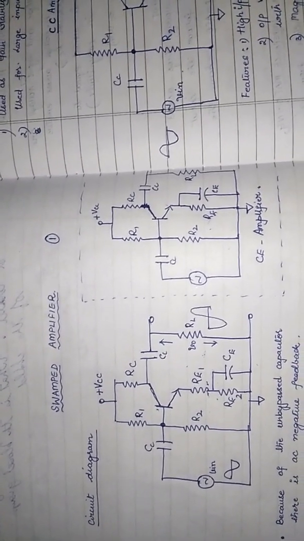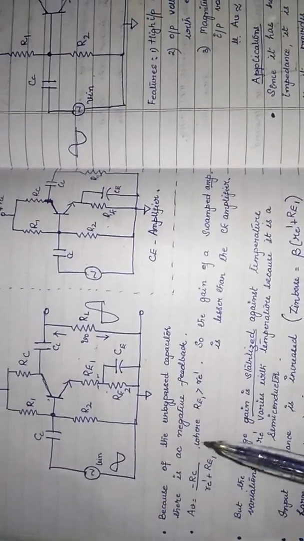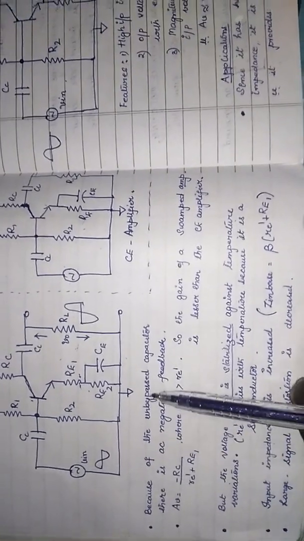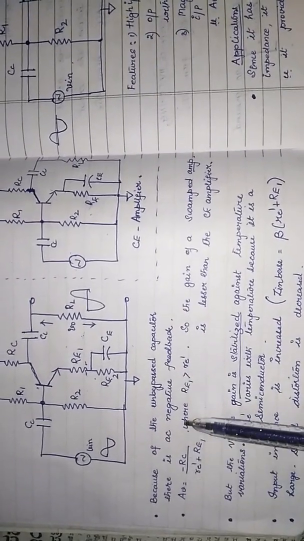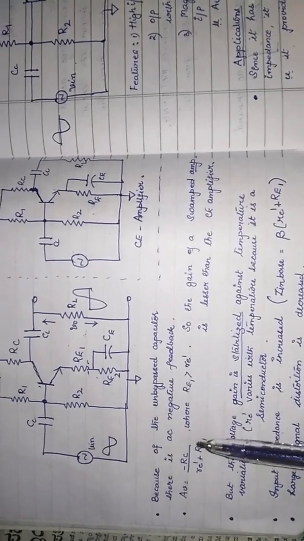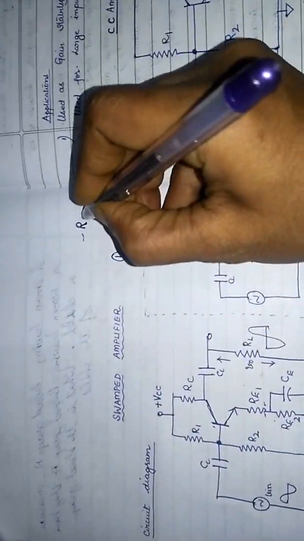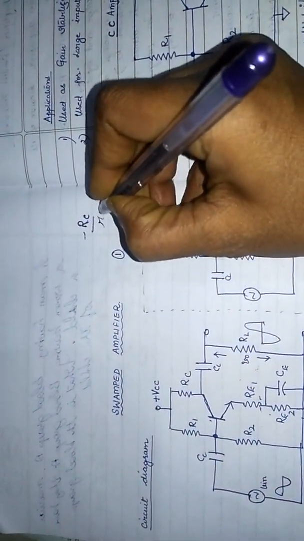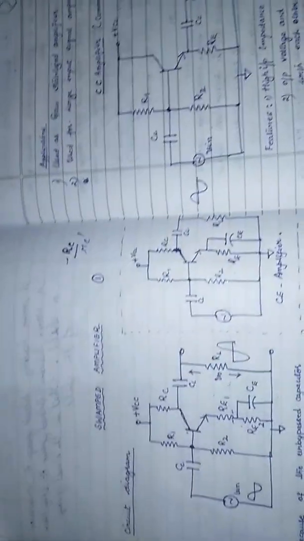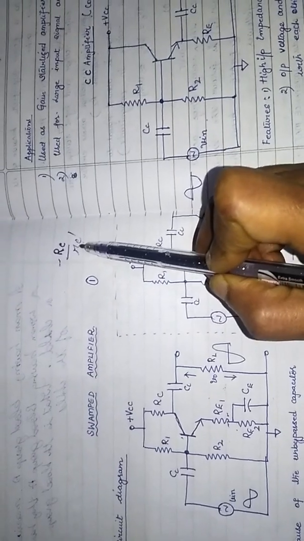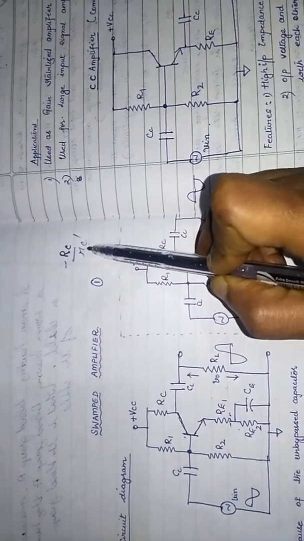advantages and applications. Okay, so what you can see here is that, as I told you, because of the unbypassed resistance, there is an AC negative feedback. Now if you remember, the voltage gain of a CE amplifier was minus RC divided by RE dash, and if you remember, in a problem RE dash will be somewhere around 20 ohms or 30 ohms or 40 ohms.